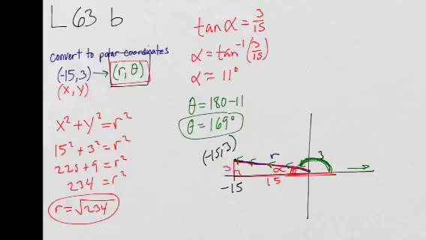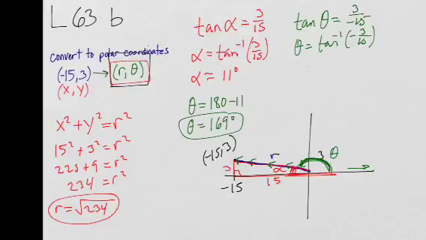There's our answer. Now, you may be thinking, why didn't I use the negative 15? Is this another situation where it doesn't matter? Well, let's say we had said the tangent of theta, the big angle, is equal to 3 over negative 15. So theta equals the inverse tangent of negative 3/15.